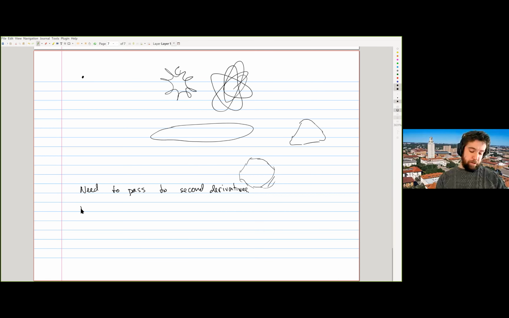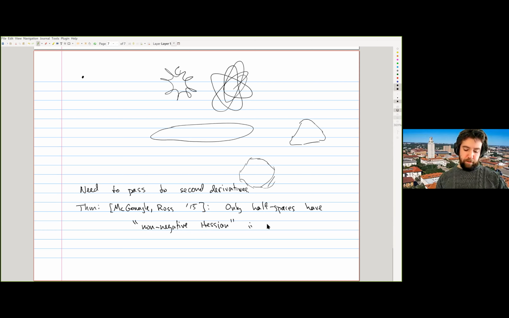And there's a theorem, which, once you know the formula for the second derivative, which I probably won't bother writing down, is not that hard to show. This was shown by McGonigal and Ross in about 15-ish, I think: that only half spaces have, in quotes, a non-negative Hessian, in the right sense.